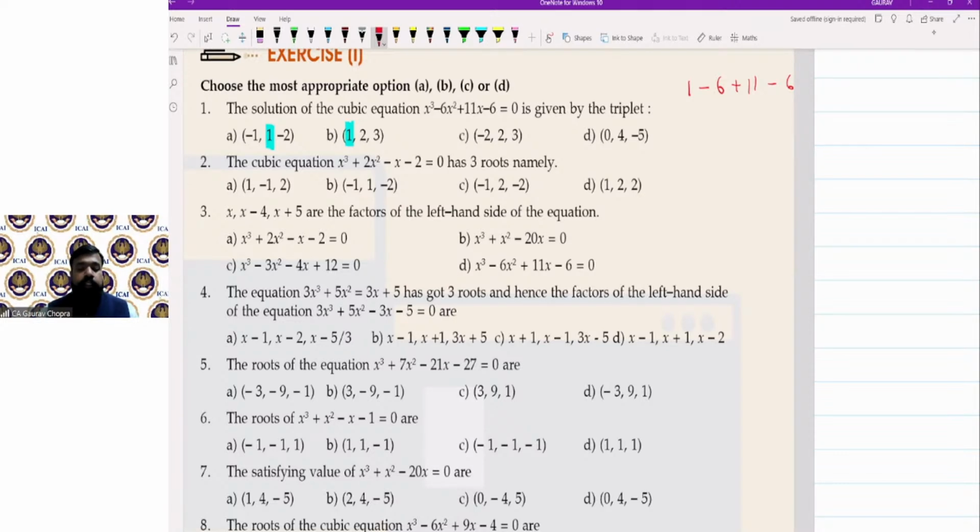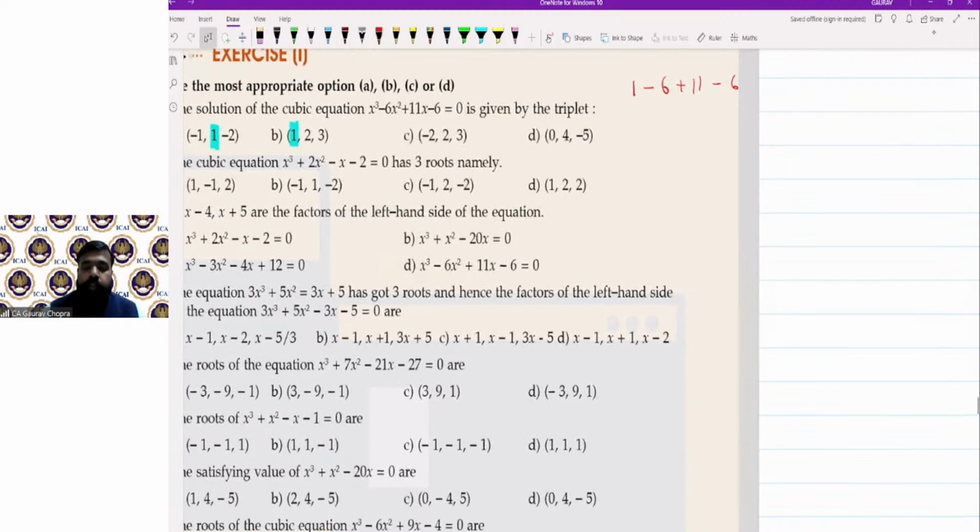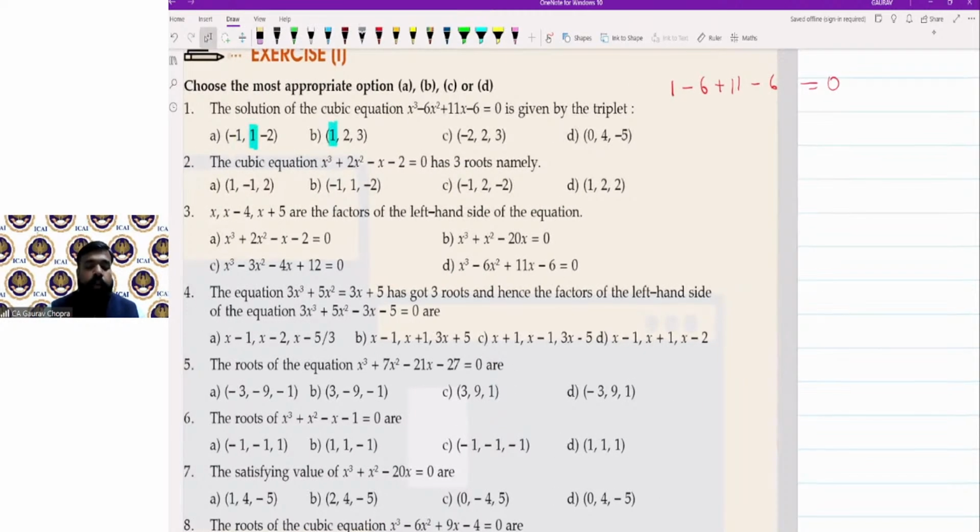So if positive one is satisfying, then it will be correct, otherwise not. So here clearly we are getting 0, therefore 1 is satisfying. Now you can try with option number 2 and 3, and everybody has tried, so option number B is correct.